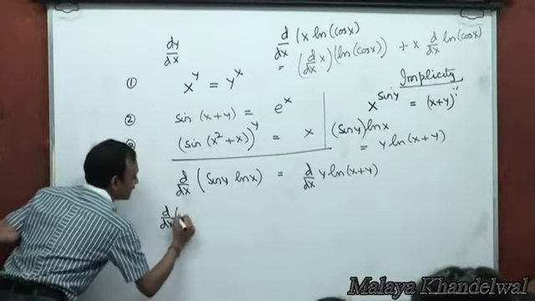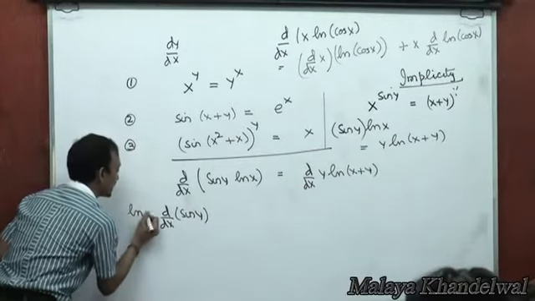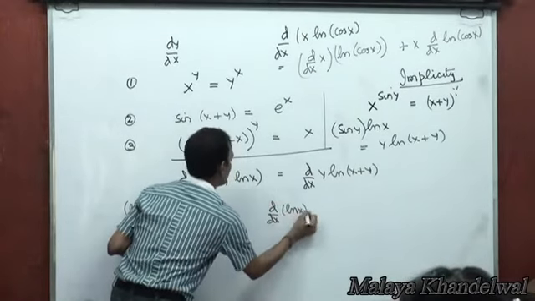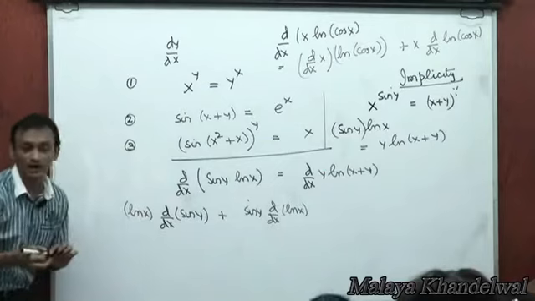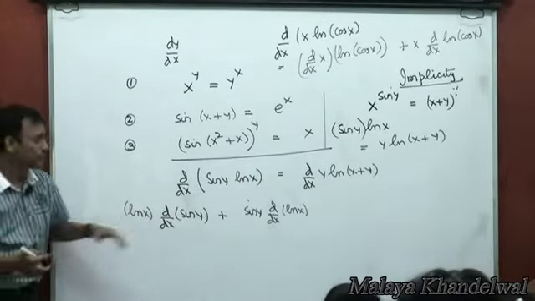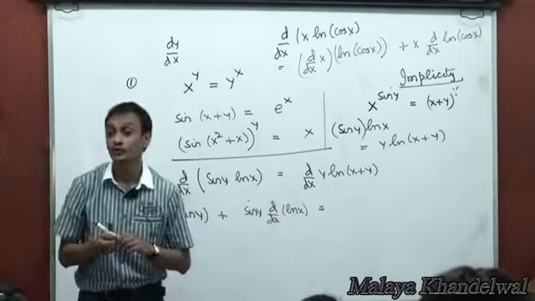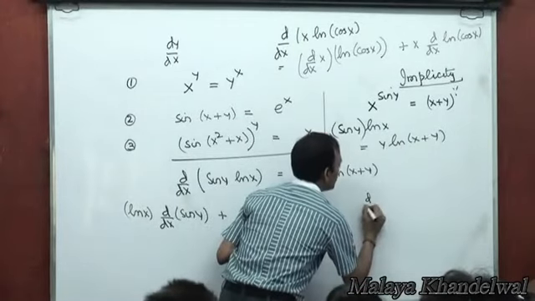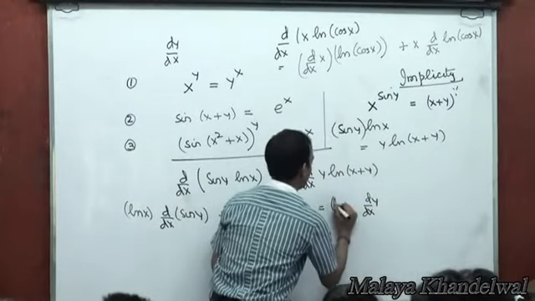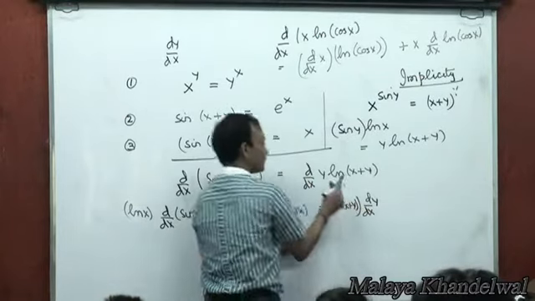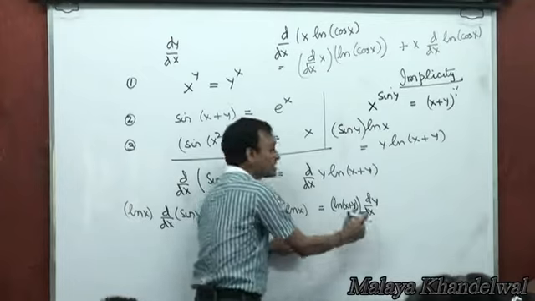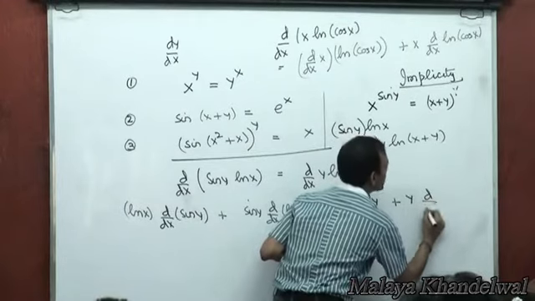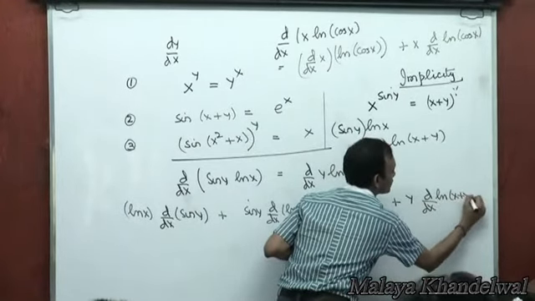So, d/dx of sine y times ln x: derivative of first function into second function plus derivative of second function into first function. Right? Derivative of the product of two functions. That's the left hand side. And then the right hand side, again I'm going to deploy the product rule of differentiation, which means d/dx of y into ln(x plus y), derivative of first function into second function, plus derivative of second function into first function. So y into d/dx of ln(x plus y). Does it sound all right?